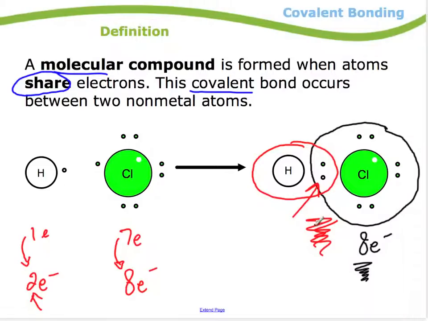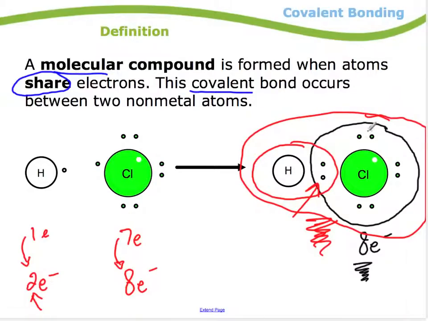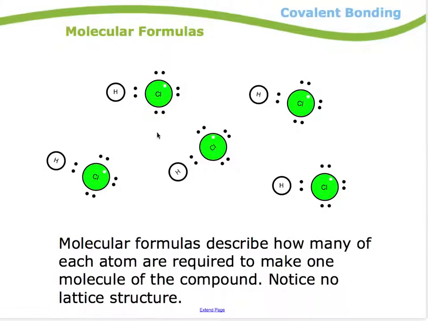Now, different than ionic compounds, we can actually talk about a molecule of hydrogen chloride, because when they exist in a compound, there aren't those lattice structures that are developed with ionic compounds, but each one of these is like a separate molecule.